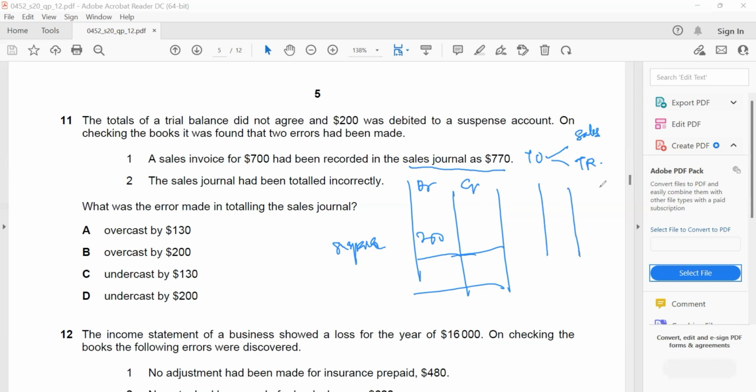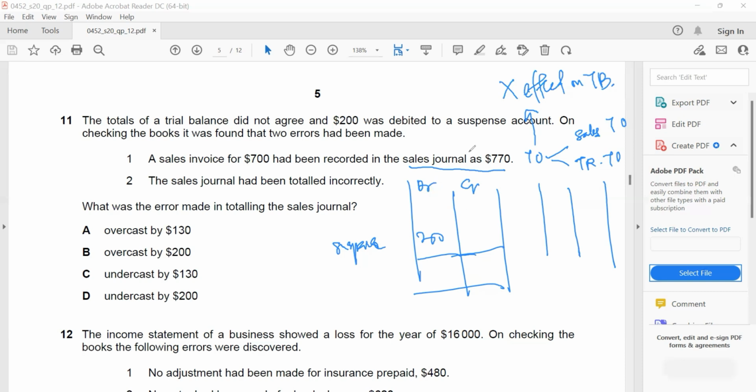So what happened is that the original entry has no effect on the trial balance, because sales is extra 700, trade receivable is also extra 700. There is no effect. So take note, this entry will not affect the trial balance.